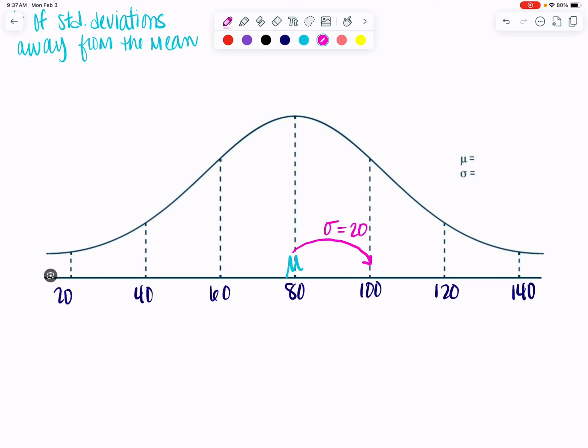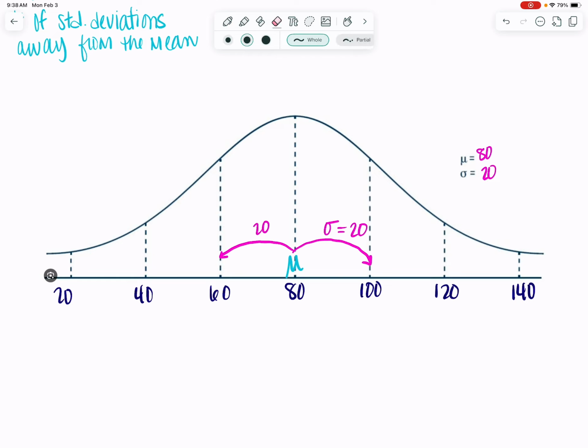So my standard deviation is 20. If you want to be really sure, you're welcome to go backward and count that direction. The difference from 80 to 60 is still 20, even though we're subtracting, but that's okay. So I know my mu is 80. My standard deviation is 20.